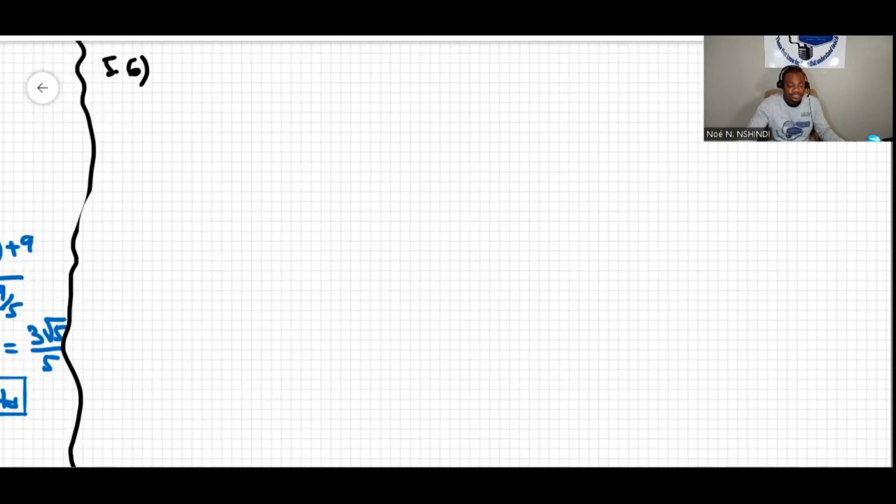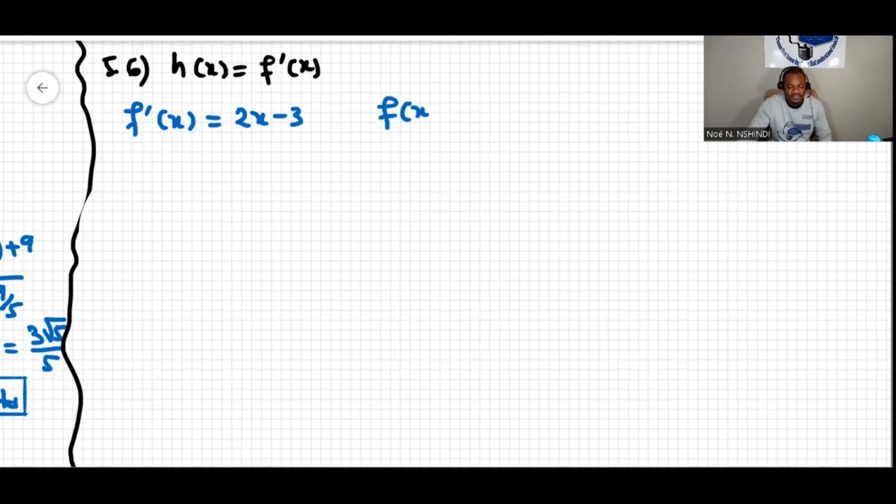The question says that h of x equal to f prime of x. In other words, f prime of x is equal to 2x minus 3. Now, we need to prove why f of x, the function, has a local minimum.